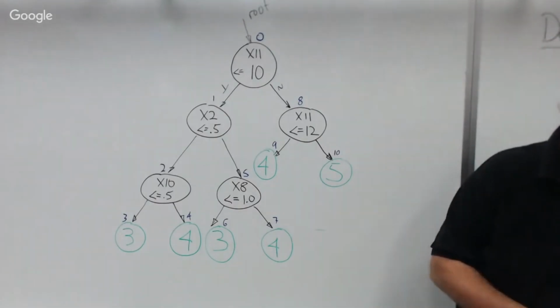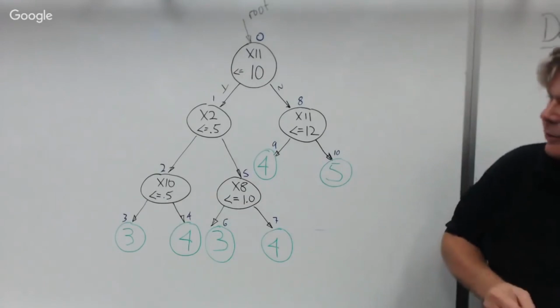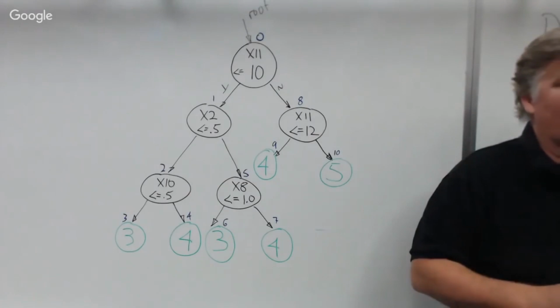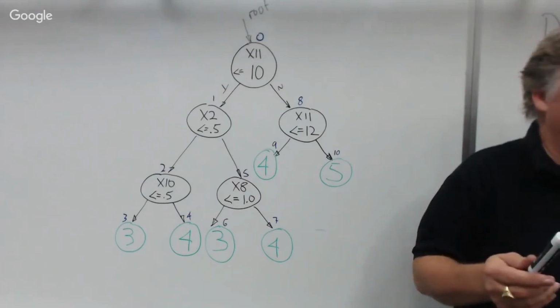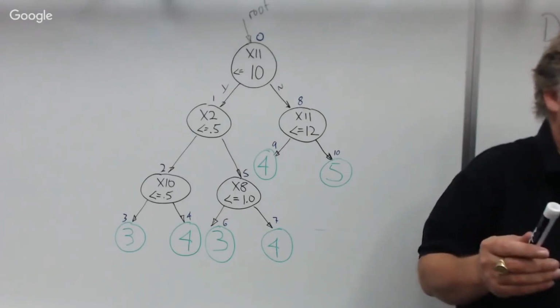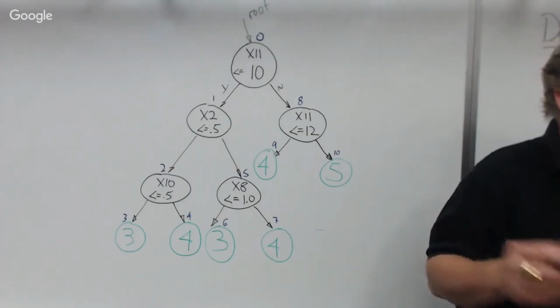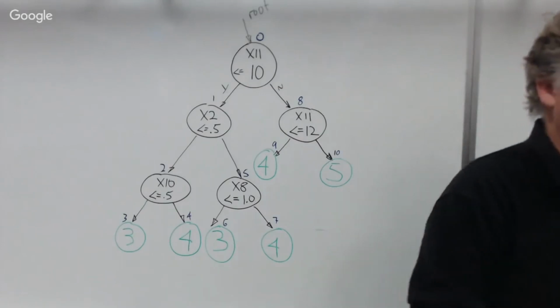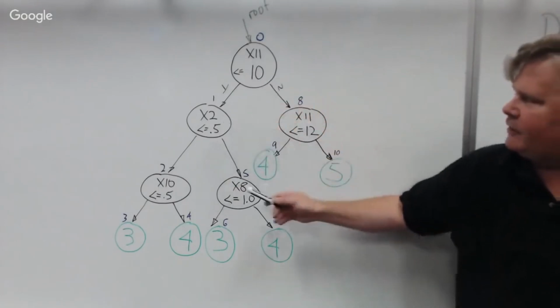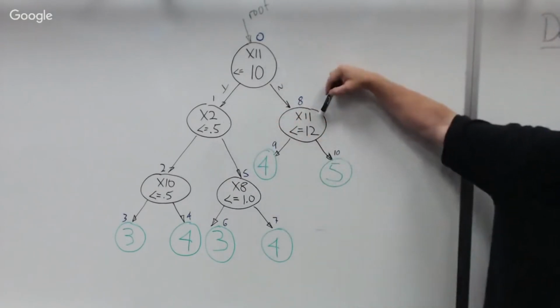Now, a couple things to point out here. We don't necessarily use all factors in a decision tree. Sometimes some factors are just so predictive. In fact, sometimes for some data, you might have 10 factors, but only end up using one of them in your decision tree. Now, you might still have that factor, like for instance, we have factor 11 twice in this decision tree.